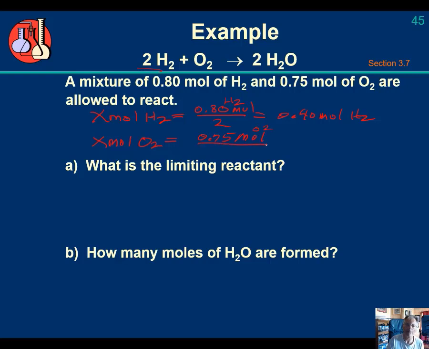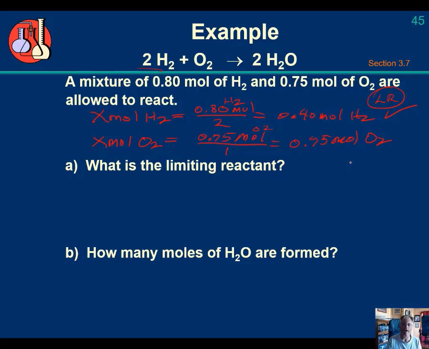I'm going to divide by its coefficient, which is understood to be 1, which gives me 0.75 moles of O2. Since I'm in moles here, all I had to do was divide by their respective coefficients for both of my reactants. Whichever one is smallest is my limiting reactant.